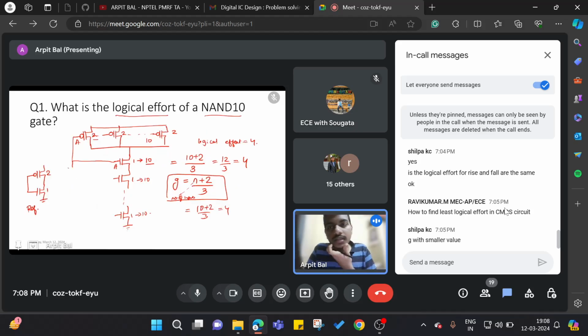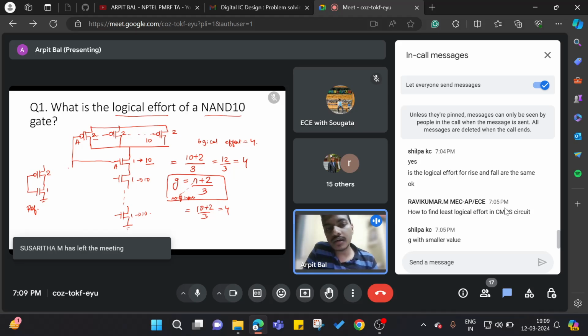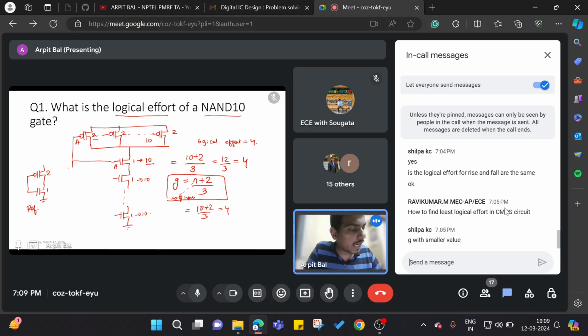Okay, let's revisit whatever we did. These were all the questions that I planned to cover today, so let us revisit whatever we discussed. First we discussed the logical effort of a 10-input NAND gate, and we can directly use this formula, or else draw the schematic and figure out the logical effort.